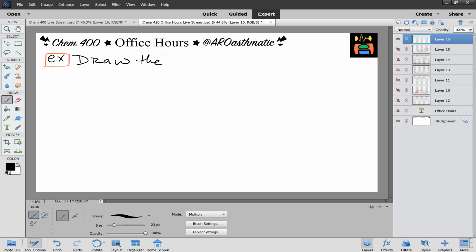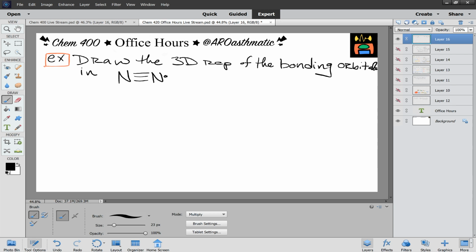Let's draw the 3D representation of the bonding orbitals in nitrogen, N2.